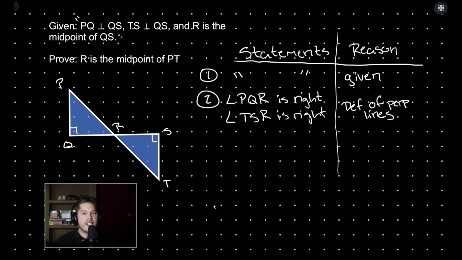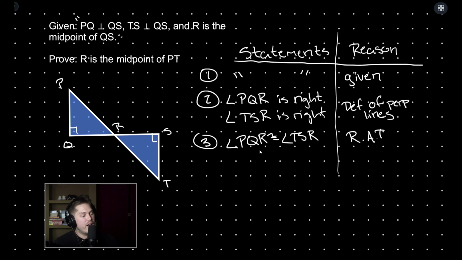Okay. Now, what's the repercussion of having a couple of right angles? Well, the repercussion is that these two angles are equivalent. So we would say that angle PQR is congruent to angle TSR, and this is by the right angle theorem. Okay, so we've officially said that these two right angles are congruent.